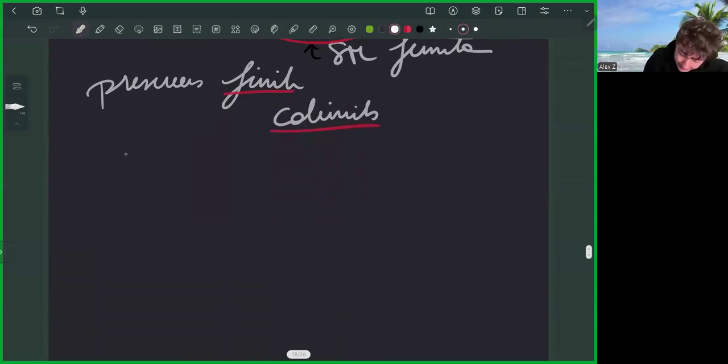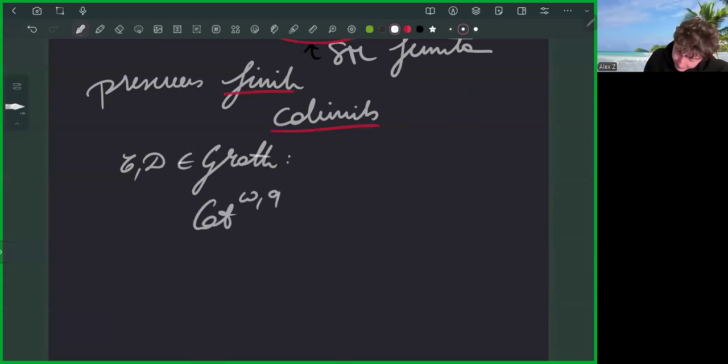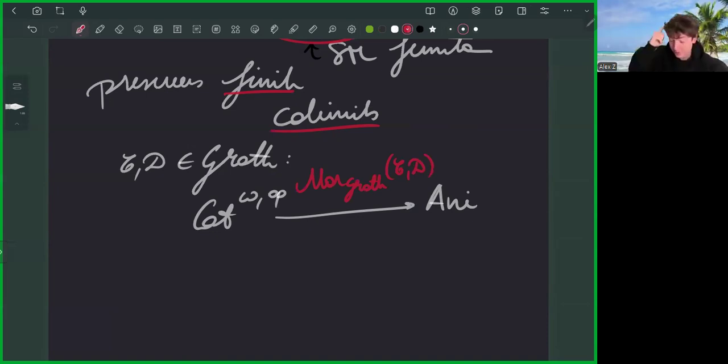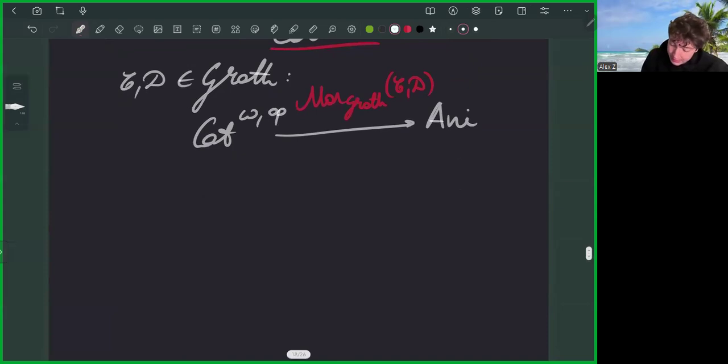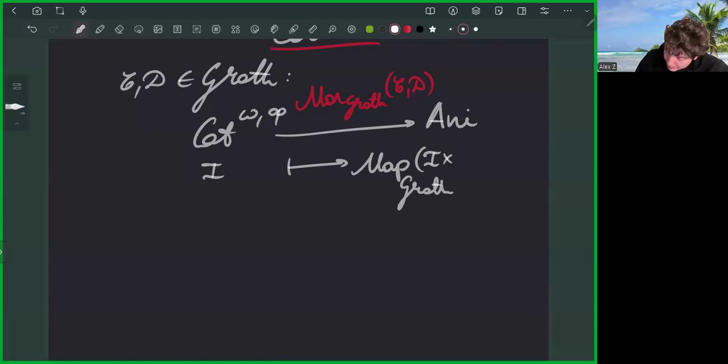And in particular, what we get is that for C and D in Groth, we can define a functor from Cat^ω op into the category of anima, which we call now Mor_Groth(C,D). We define this as a functor from compact objects of Cat up to anima, where I maps to Map_Groth(I tensor SpCN, C tensor D).